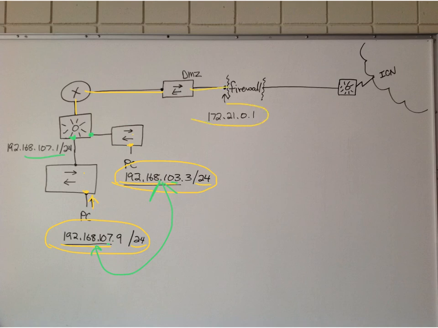So we also talked about how you should be able to ping this address. Then from there, from the firewall, it goes over to this multi-layer switch, which then connects to our ISP, Iowa Communications Network.